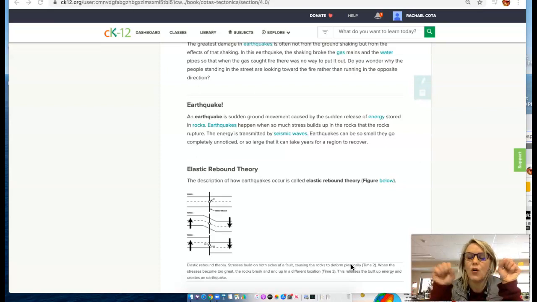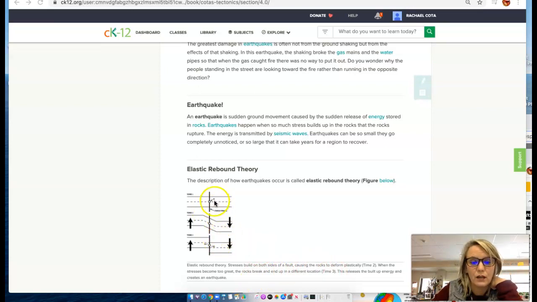When you put a whole bunch of stress on a rock and you're trying to bend it and bend it, if you are as strong as the earth, you'll be able to deform it plastically to a point. Eventually so much energy will be built up that it will snap. When the stress becomes too great, the rocks break and end up in different locations.